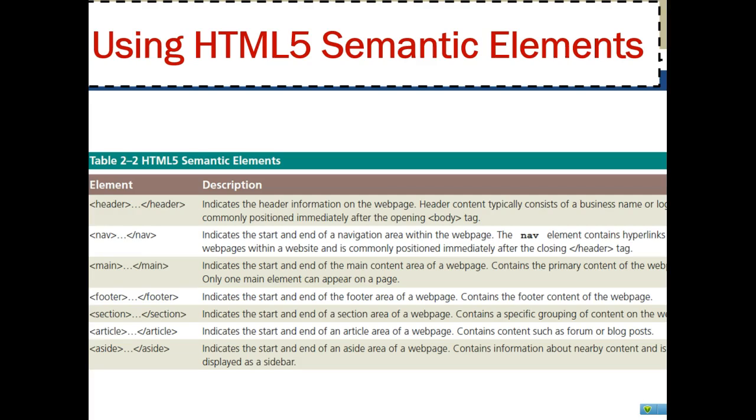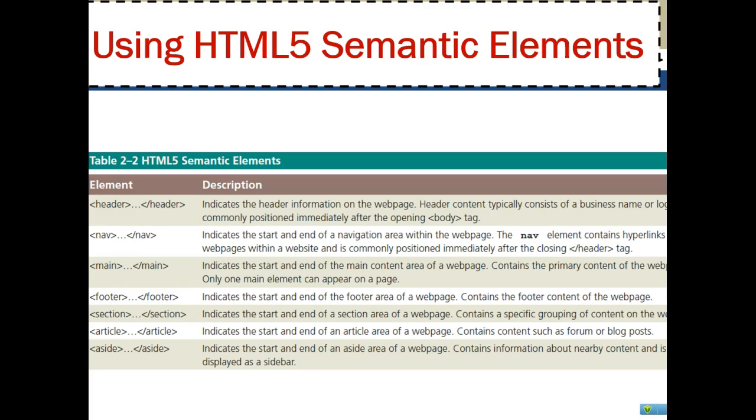But in HTML5, it has transformed and improved new website development with some new semantic elements with standardized names. So in this table, you can see a list of common HTML5 semantic elements. The name of each tag reflects the purpose of the element.